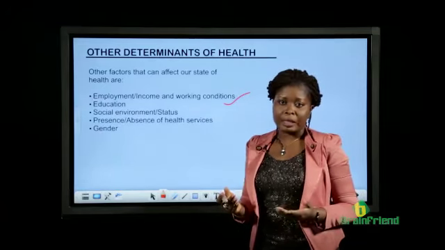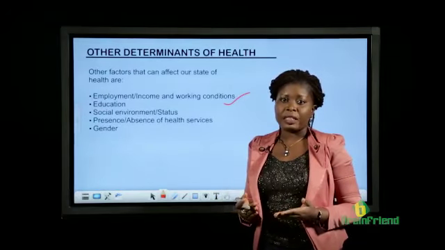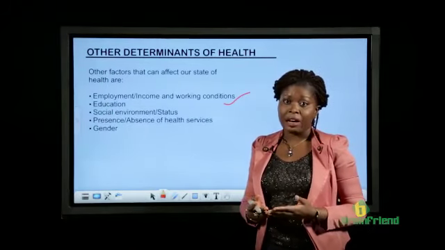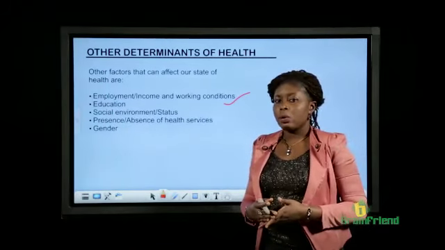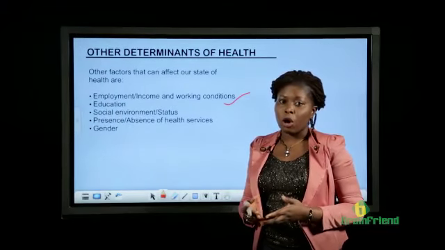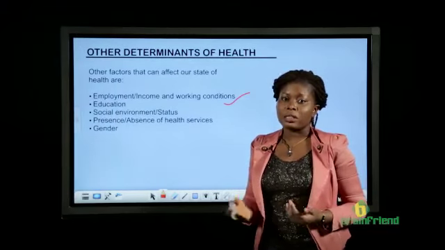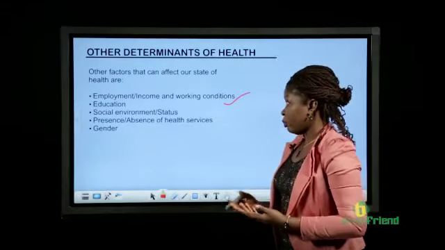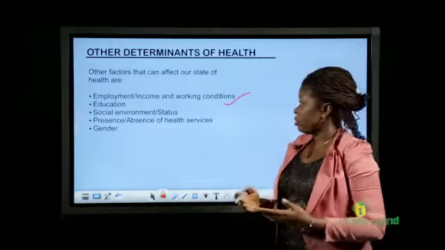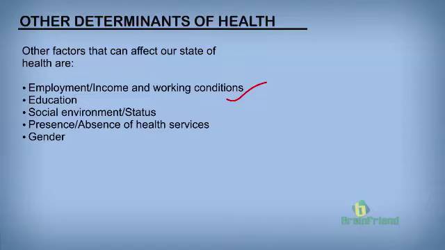People who are employed have a better chance of leading healthier lives because they can better take care of themselves since they have the money to do that. While unemployed people cannot really take care of themselves, or they do not have what it takes to lead healthy lives or provide themselves with healthy things.